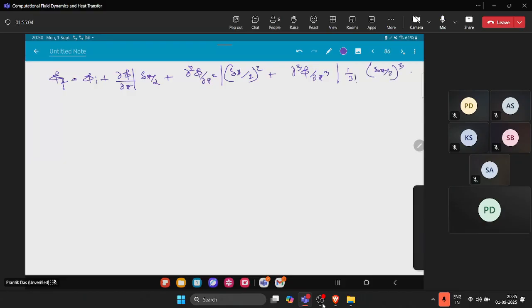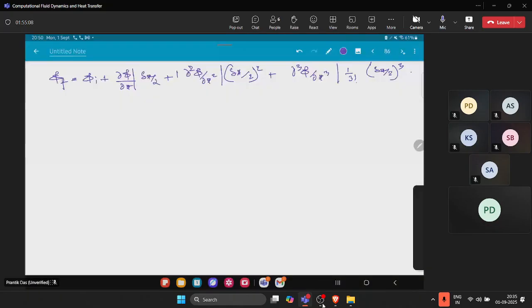Okay. And there should be a half term also in front of it, plus higher order terms. Okay. So if I simplify it, phi f equal to phi I plus a1 delta x divided by 2 plus a2 (delta x divided by 2) square.